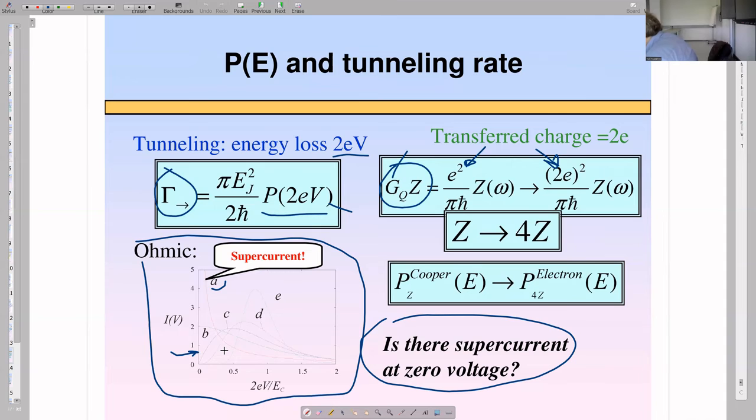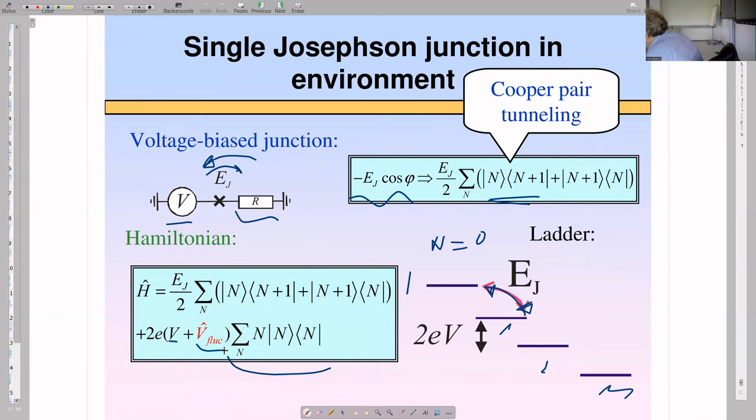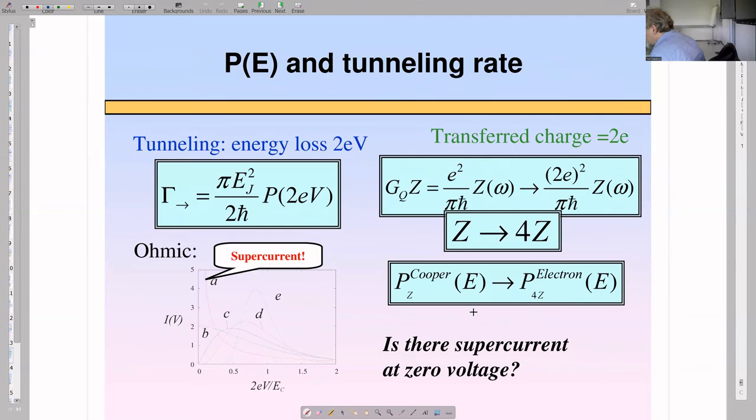Let us see. Let us use again this function P of E. How can we implement it here? It is just a rate of tunneling between these two lateral steps, a rate of Cooper pair tunneling. It is accompanied by an energy change of 2eV.